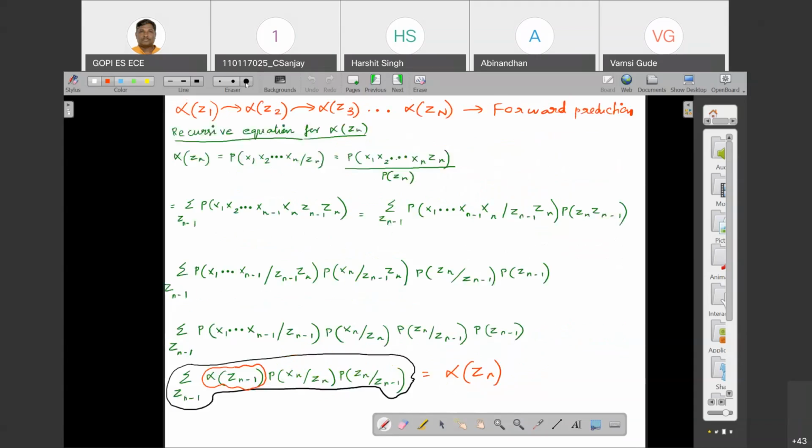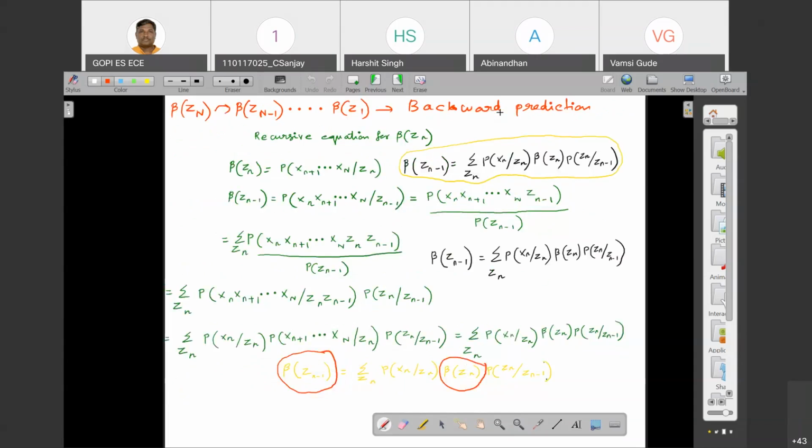You have these alphas for the forward prediction and beta for the backward prediction here. We have alpha of Z10 into, the steps are very simple. You can see the steps, by definition, alpha of Zn, that is probability of what?